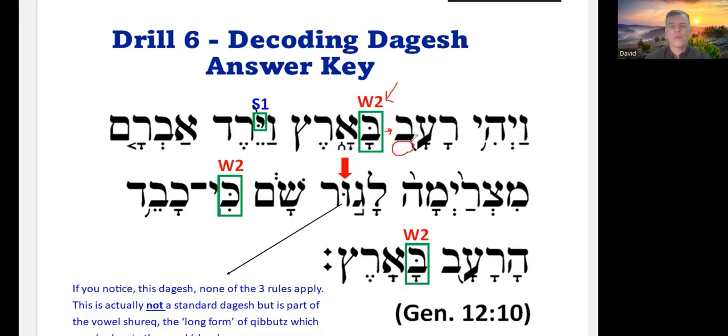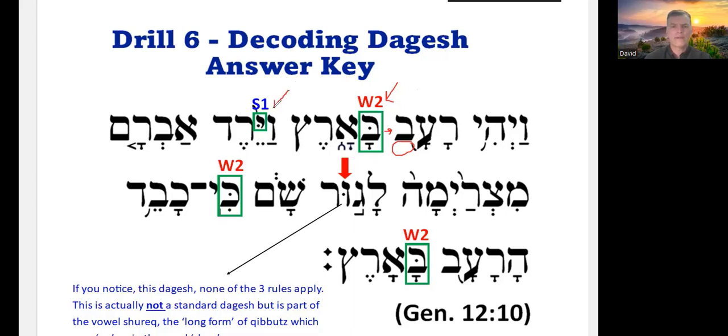If there's no vowel there, this Dagesh cannot be strong. It's got to be a weak Dagesh, and it also is weak because it appears in a Begad Kafat letter. In this case, pronunciation of the letter changed from the V sound in vet to the B sound in bet. That's the impact of a weak Dagesh on a Begad Kafat letter.